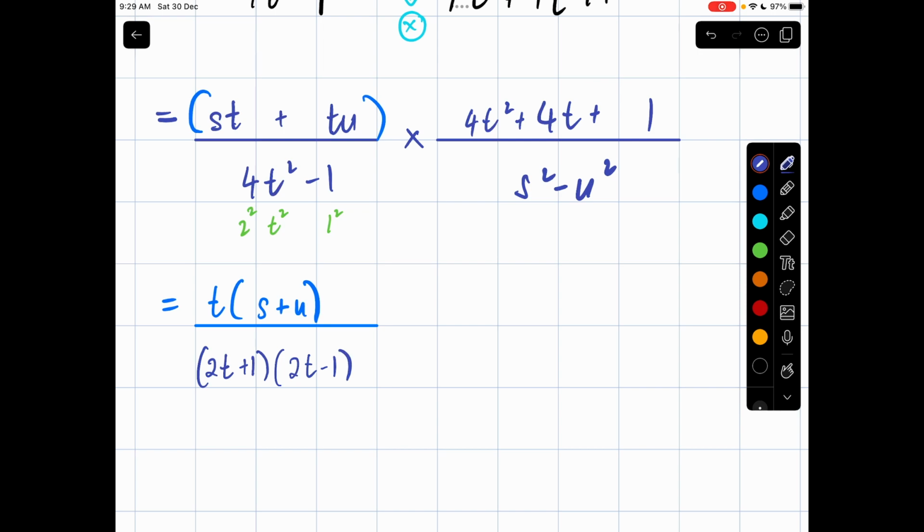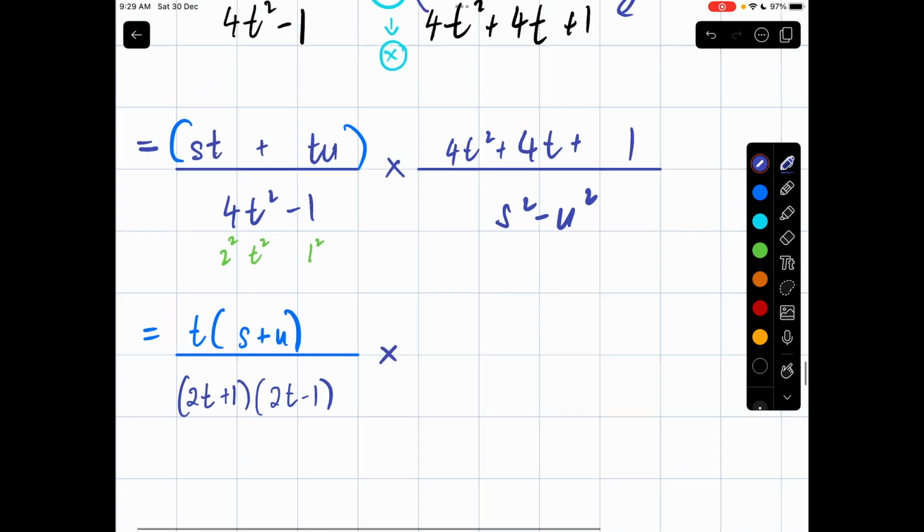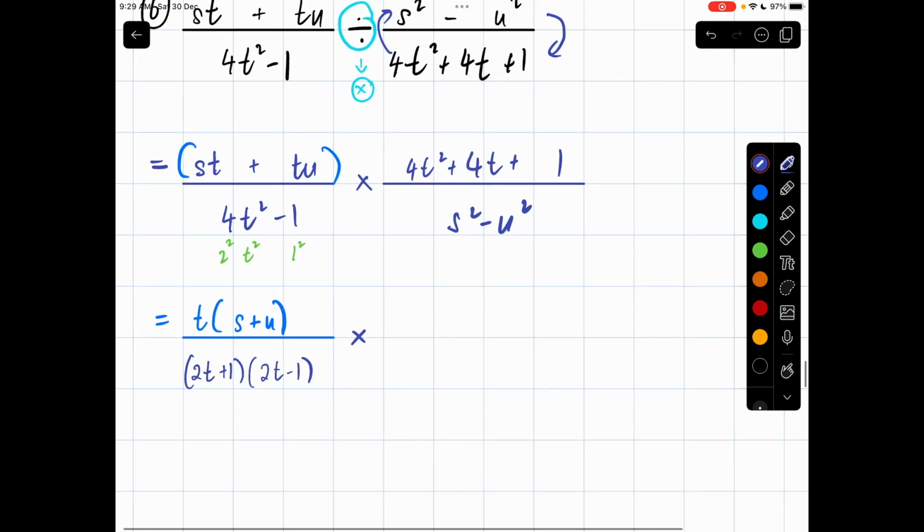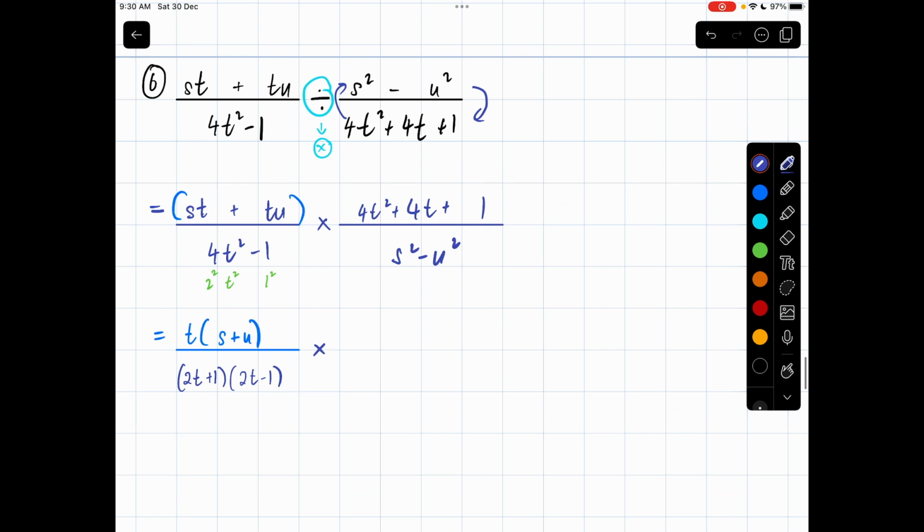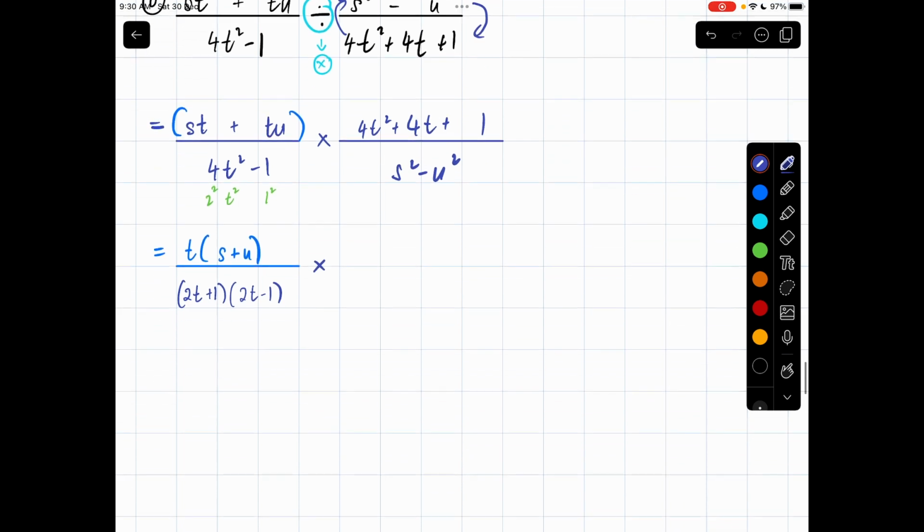Then we have 4t squared plus 4t plus 1. This is where we have 3 terms and there is no common factor in all of them, because there's t in the first 2 but there's no t in the last one. So what you have to do here, when you have 3 terms, remember it's the cross method. What times what gets you 4t squared?